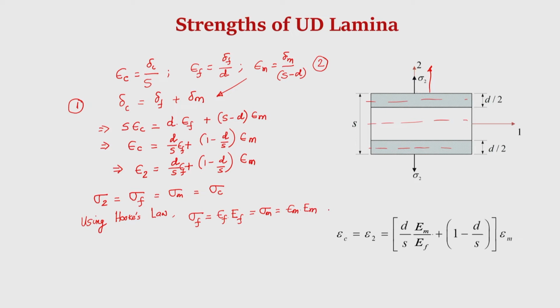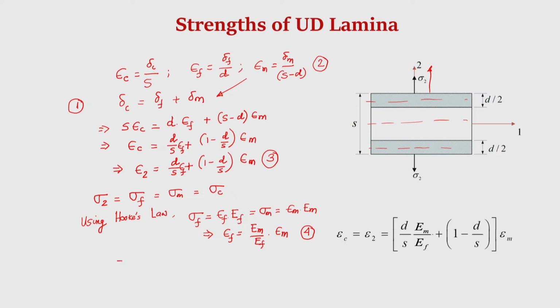So, this is our equation number 3. From this we can write that epsilon f is equal to E m by E f into epsilon m. So, this is your equation number 4.